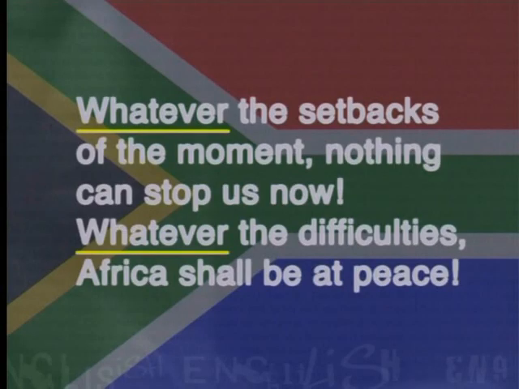In this part of the speech, Mbeki uses repetition to make his message clear that despite setbacks and difficulties, Africa will be at peace and will prosper. By repeating himself and using a similar pattern in all 3 lines, Mbeki sounds very sure of himself.